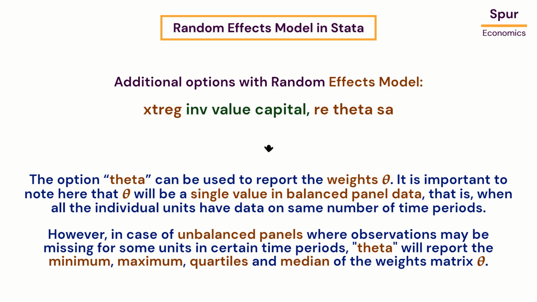It is important to note here that theta will be a single value in balanced panel data, that is, when all the individual units have data on the same number of time periods. However, in case of unbalanced panels where observations may be missing for some units in certain time periods, theta will report the minimum, maximum, quartiles and median of the weights matrix.